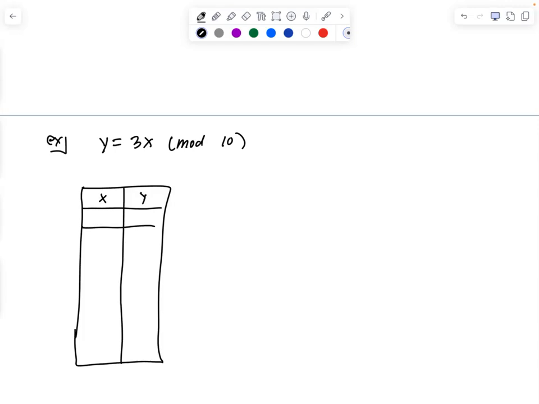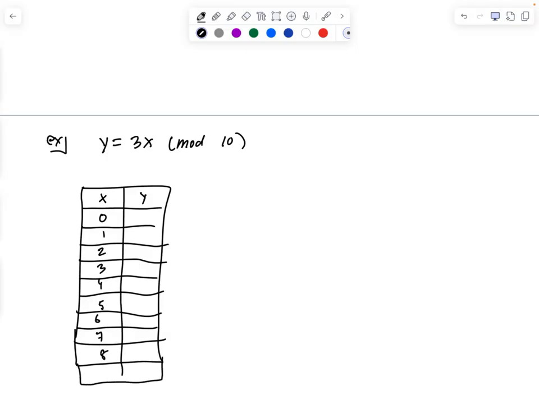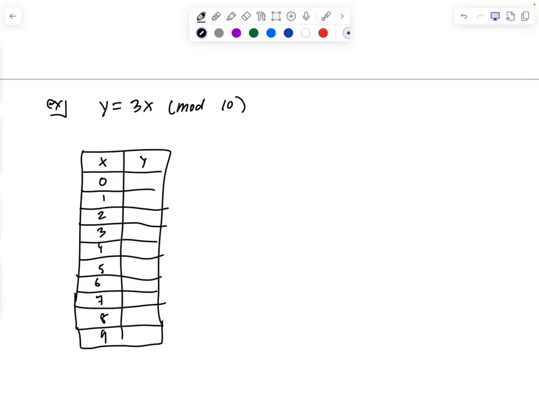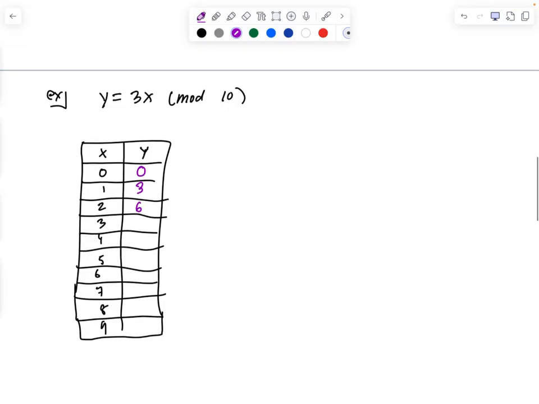0 gives me, what is it? 3 times 0 is 0. The slope is 3. So 1 gives me 3, then 6, then 9, then it's 12, but it's mod 10, so 12 mod 10 gives me back 2.